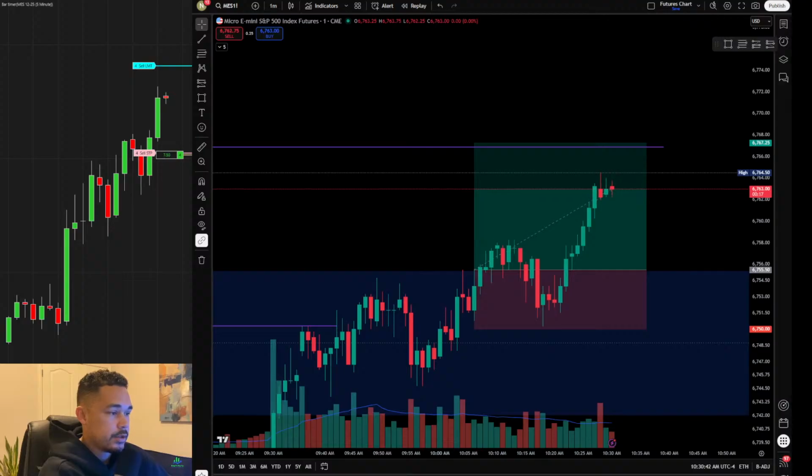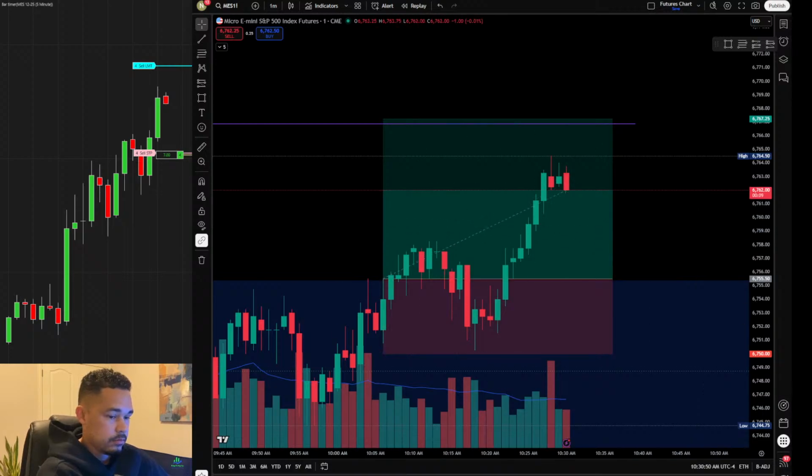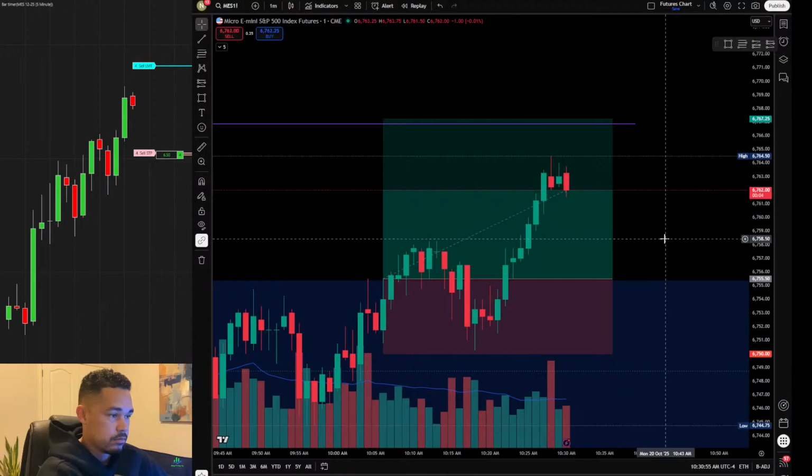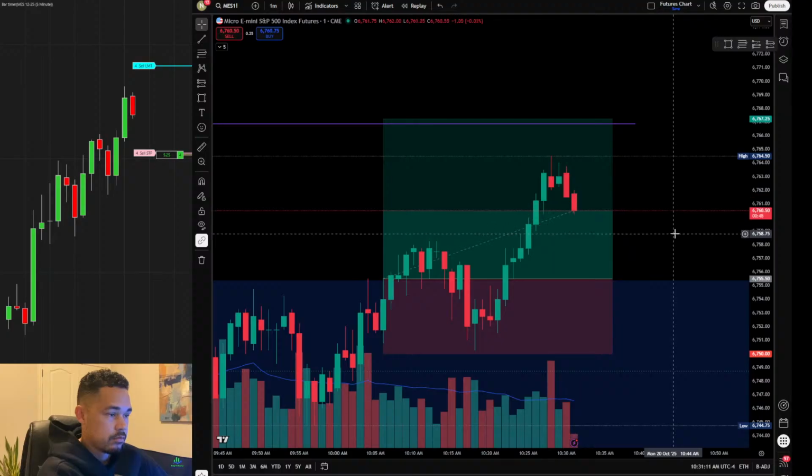See if we can get a nice rejection off of this 1-minute candle. So we are pushing down slightly.